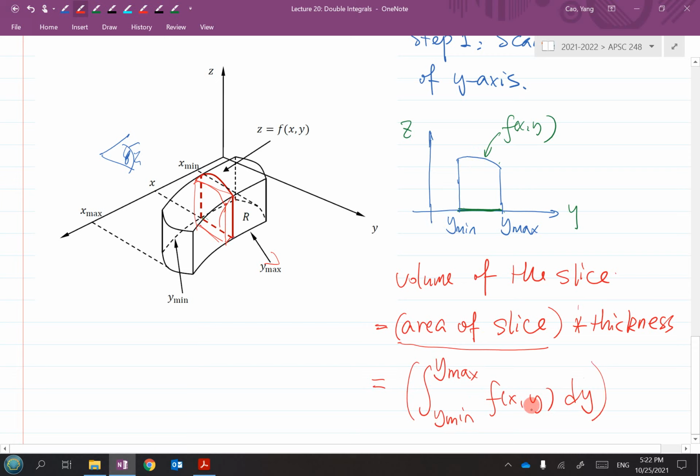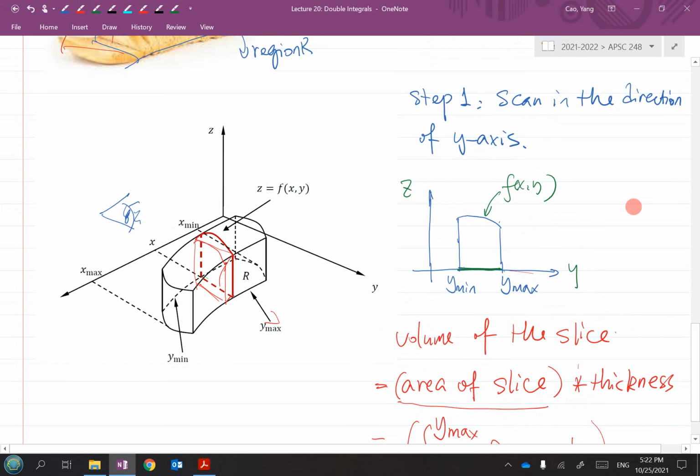Now you might wonder, what happened to the x in f of x, y here? You're integrating this function with a dummy variable y, because you're integrating along the y-axis to get the total area underneath this curve. The reason is, remember the first step, you're scanning the y-axis. You pick anywhere, and that anywhere is the x location.